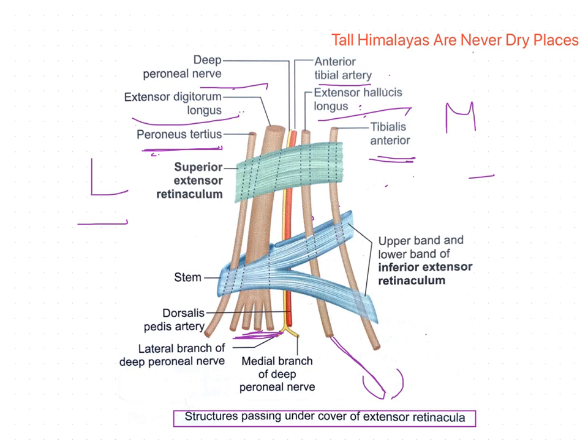The tendons which pass below this extensor retinaculum, in front of the leg and the dorsum of the foot, are the same 4 muscle tendons. So 4 tendons, 1 artery and 1 nerve are passing under the cover of the extensor retinaculum, from medial to lateral.